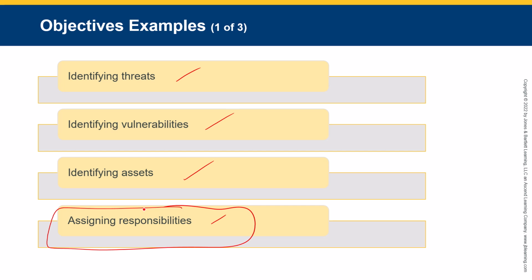That way, in a chaotic moment, we clearly have an outline of structure. We are not just willy-nilly. We have a dedicated plan. We have a team that knows what they're supposed to be doing, and then we're able to respond. So assigning responsibility is a big one that is oftentimes overlooked.